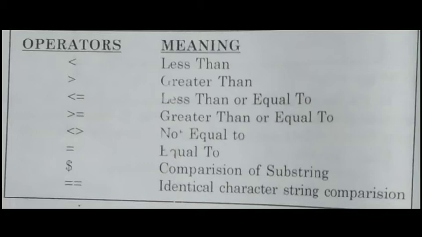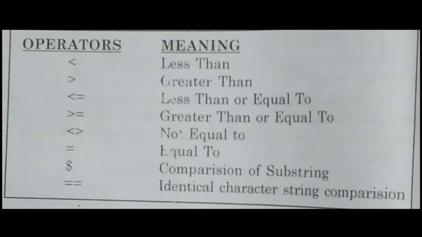Now, the difference between equal to and double equal to sign. There are two signs we can utilize, double equal to and single equal to. Right. Equal to and double equal to are used for comparison of two. If you want to make a comparison of any two numbers or any two names, etc., you will have to utilize this equal to and double equal to sign. There are two ways of comparison in FoxPro: normal comparison and exact comparison.